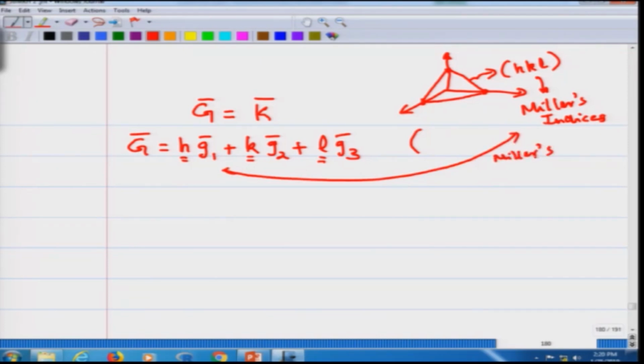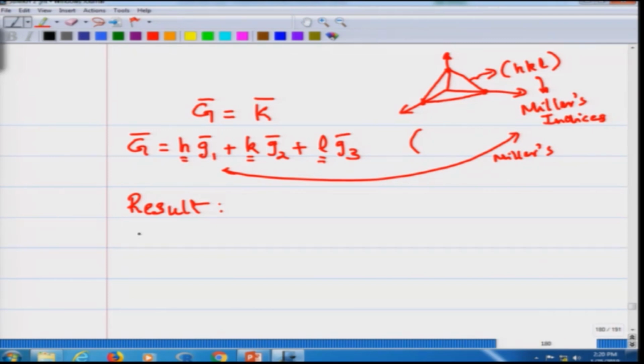Do you have any connection between the points in the reciprocal lattice space and the Miller's indices in real space? Here is a result which I will state without giving a proof.